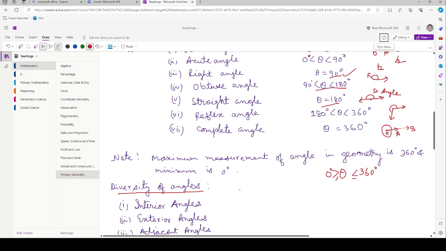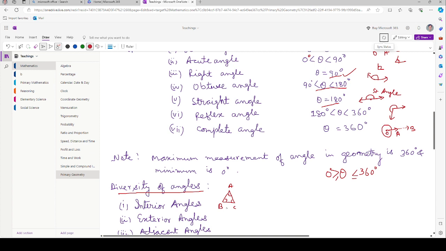Okay. Say, for a triangle ABC, the angles A, B, and C are the interior angles. These three angles are interior angles.